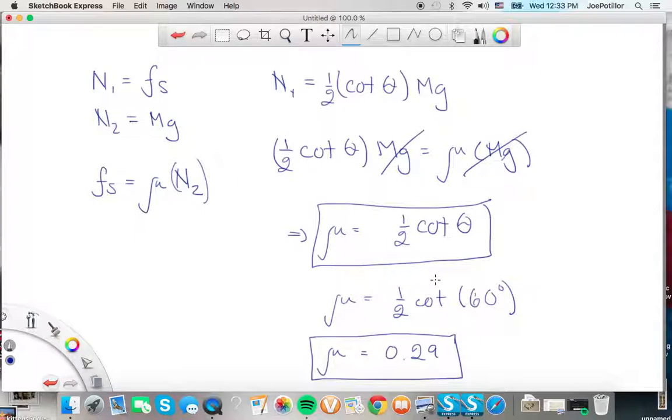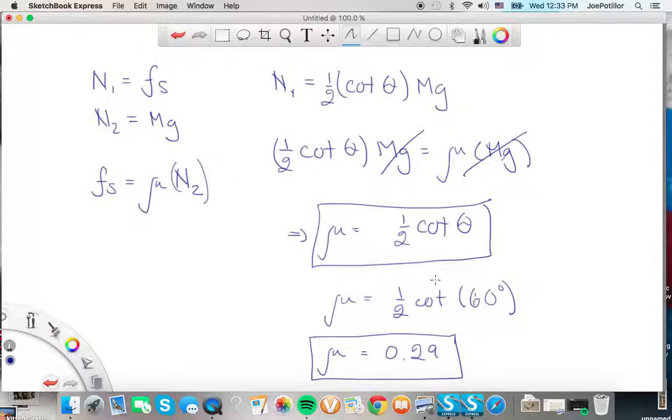Why don't we take 1 over tangent of, say, 80 degrees, times 1/2. Right, it will decrease. The coefficient of static friction is going to decrease.